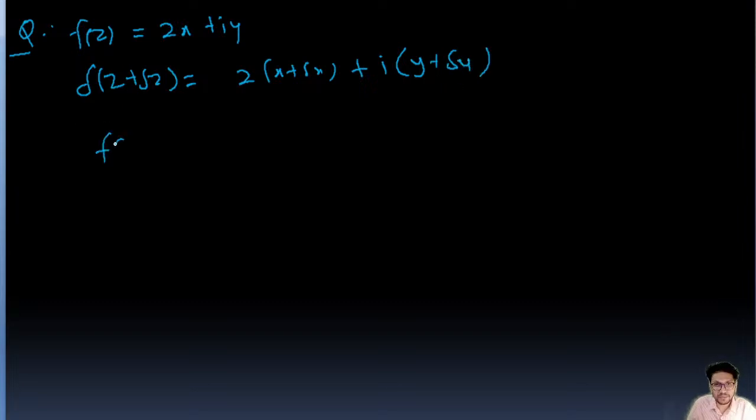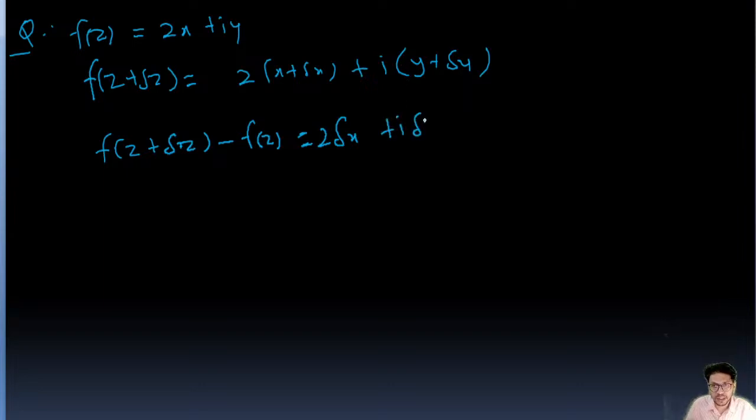Now we'll find f(z plus delta z) minus f(z). This value is going to be, 2x will get cancelled, so it is 2 delta x plus iota delta y.